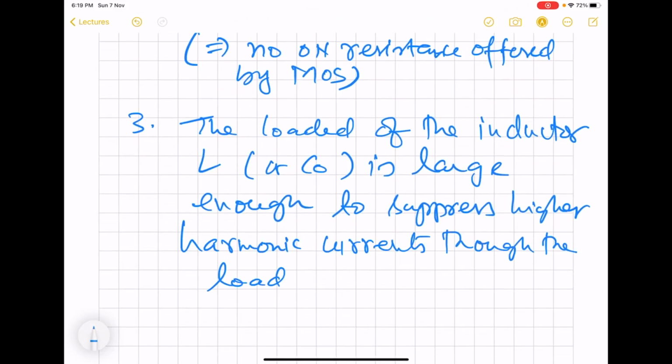So we will see why this assumption is important.